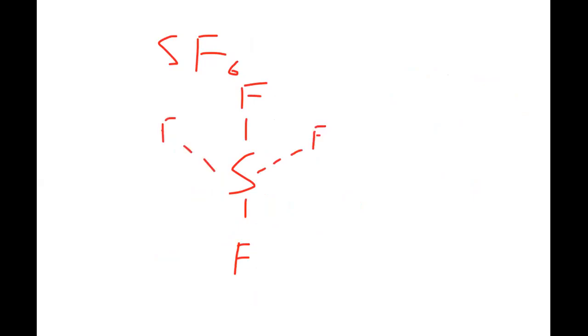Next is when the central atom is surrounded by six pairs. The example is SF6. Sulfur is surrounded by 6 fluorine atoms. So one fluorine will be above it, one will be below it, two will be behind the plane, and two will be in front of the plane.